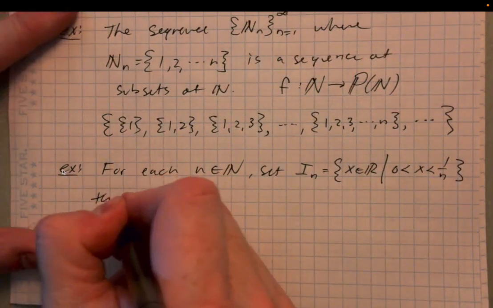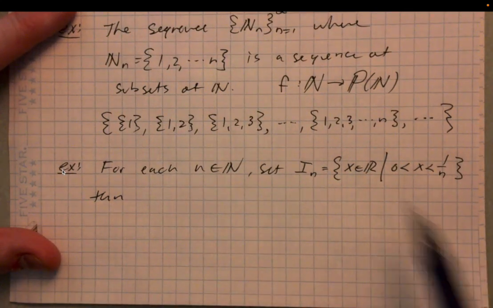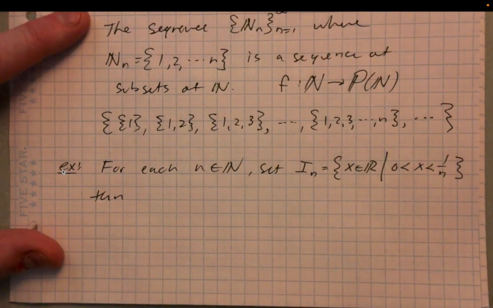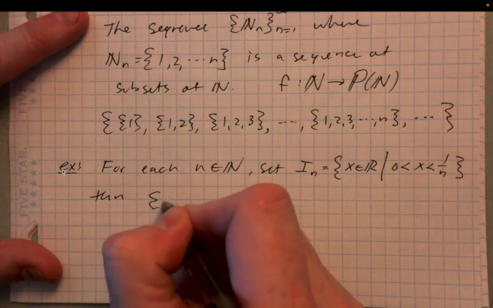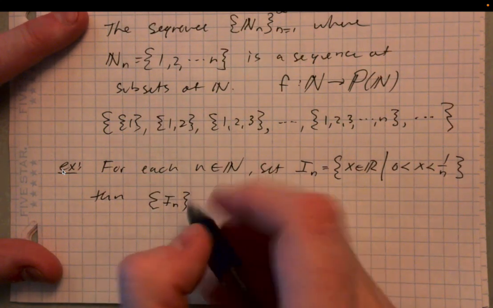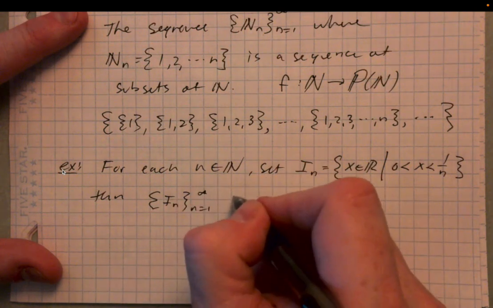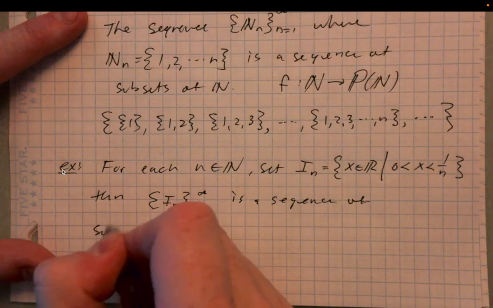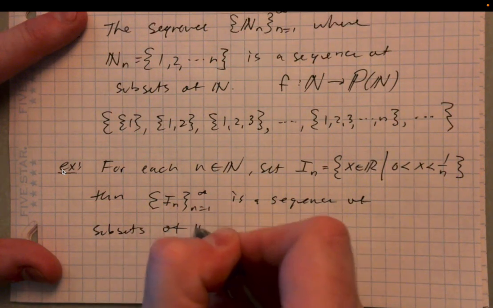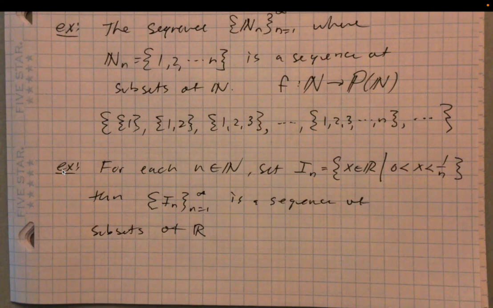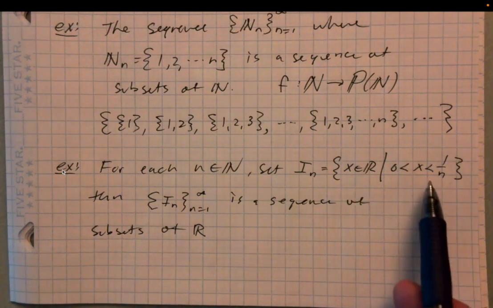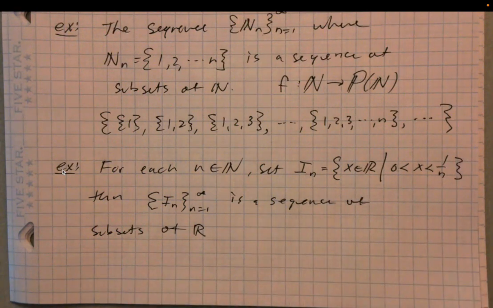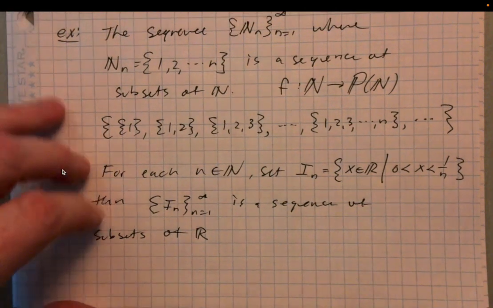Then this is going to be a sequence of subsets of the real numbers, right? So we could say I sub n such that n equals 1 to infinity is a sequence of subsets of the real numbers. These are all the real numbers between 0 and 1 over n. So depending on n, I can create a sequence of subsets here. Okay, very good.